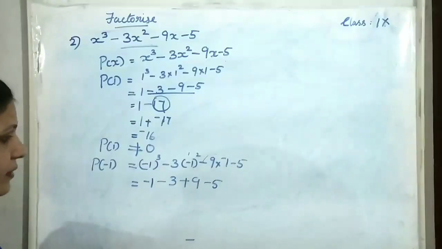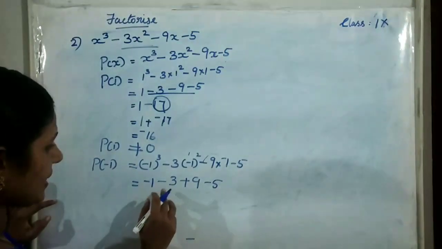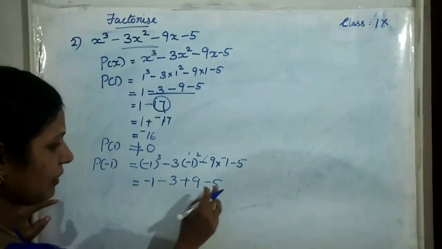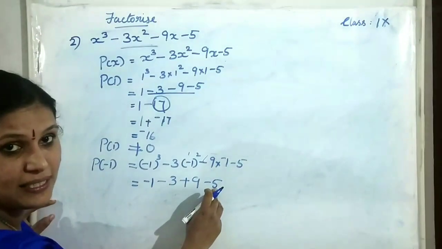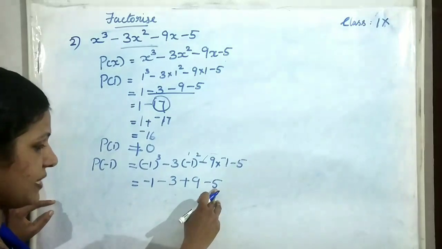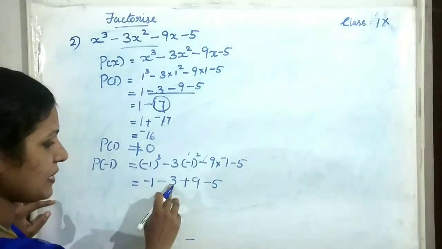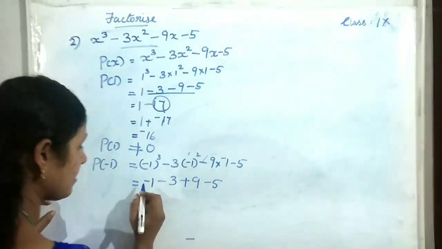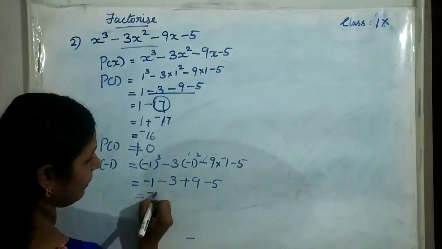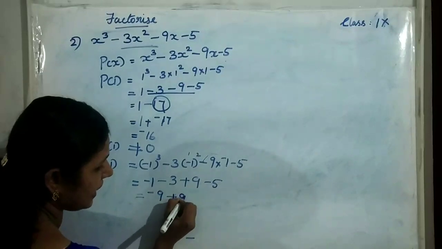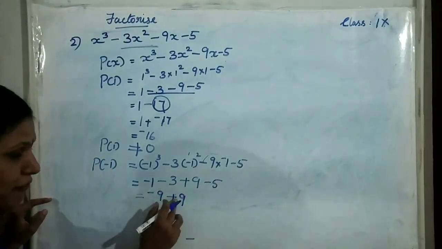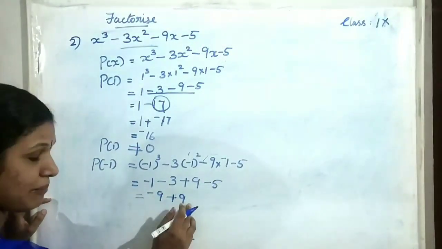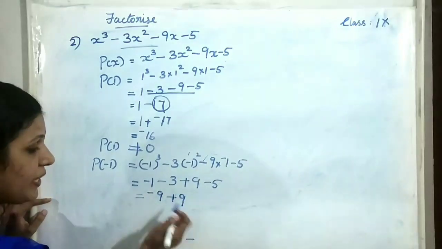Okay, understood? Then here the minus terms are minus 3, minus 1, minus 5. We add the negative integers first. So minus 5 plus minus 3 is minus 8. Minus 8 plus minus 1 is minus 9. Minus 9 plus 9: same number, different sign, so they cancel each other.